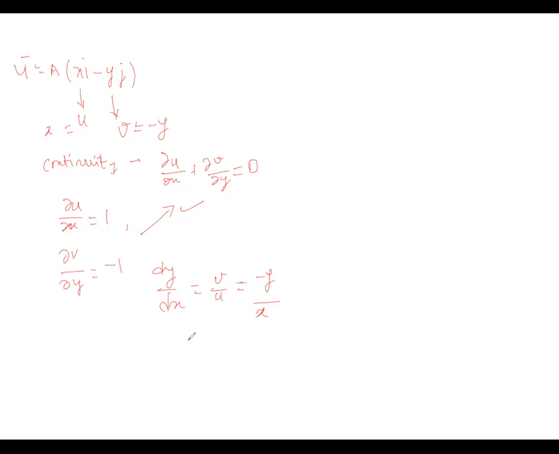And if you separate this using the variable separable method, you have dy by y, combining this, equal to minus dx by x. If you integrate, you get ln y equal to minus natural logarithm of x plus some constant.